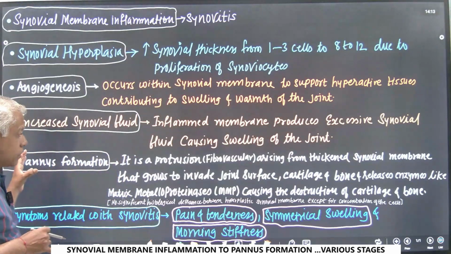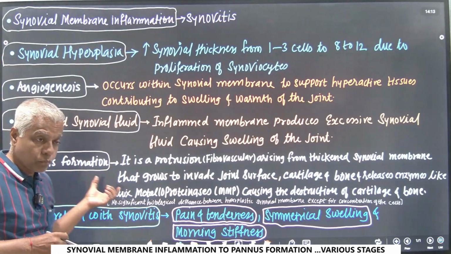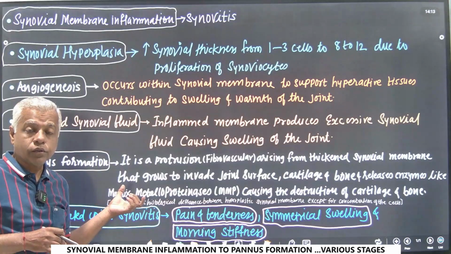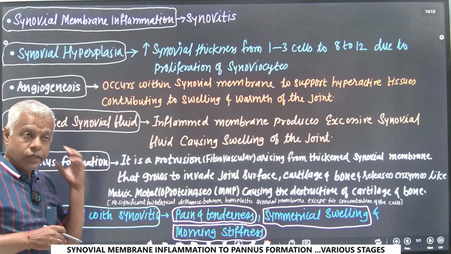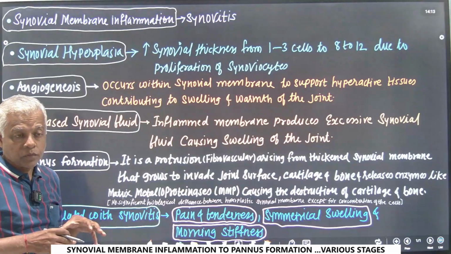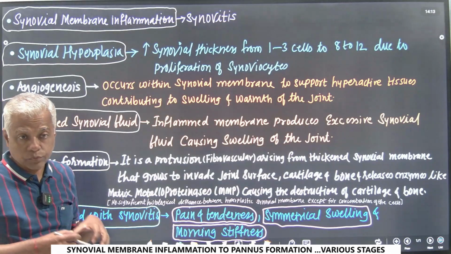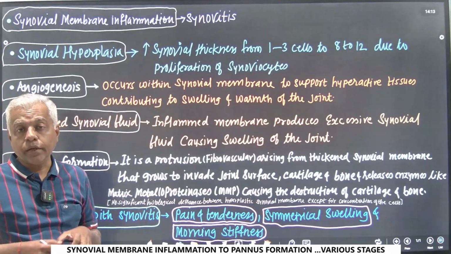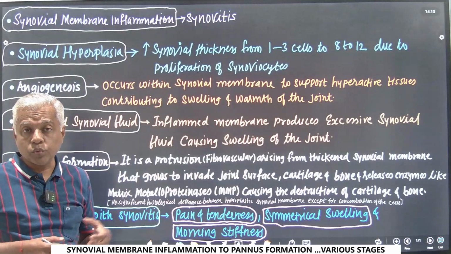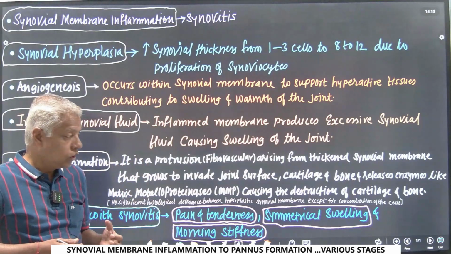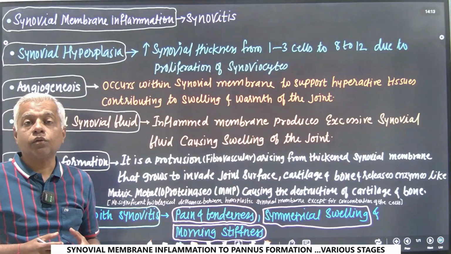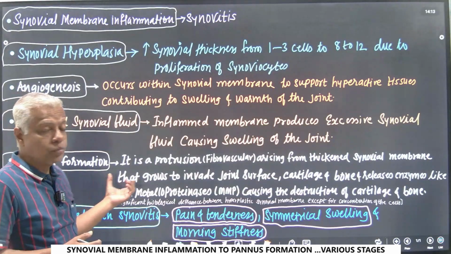So PANNUS formation is a very important stage in the development of rheumatoid arthritis. In the beginning, we have seen that in phase 1 there is synovial membrane inflammation, and in the late stage, once the disease becomes chronic, what is important is the destruction of the cartilage and bone. And why do we get this destruction? It is because of this PANNUS.